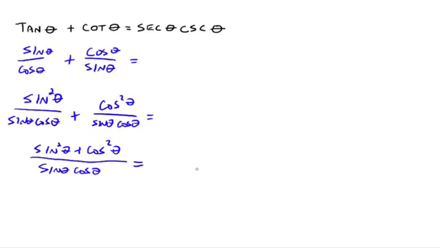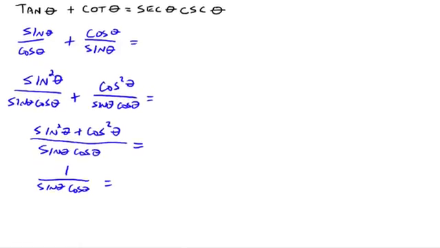And what's sine squared theta plus cosine squared theta? That's right, that's 1, over sine theta times cosine theta. That's the same thing as 1 over sine theta times 1 over cosine theta.